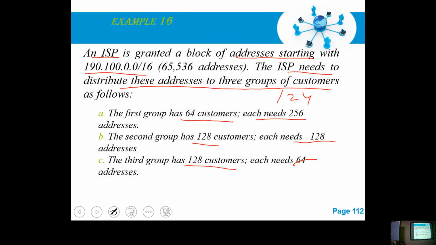To represent 128 addresses, how many bits we need? 2 power how much? 128. 7. So what should be my prefix here? Yes, 32 minus 7. So I need to have slash 25. Last one, 64 addresses. 26. Okay. This part is clear, right?